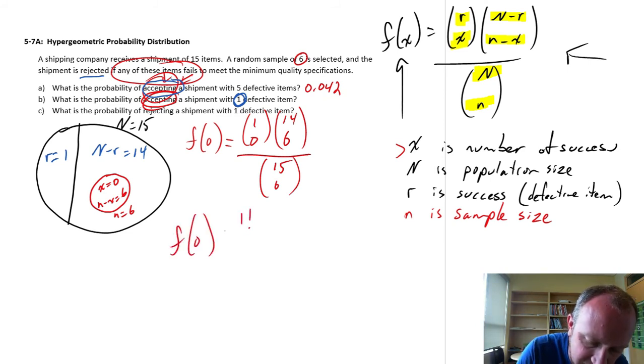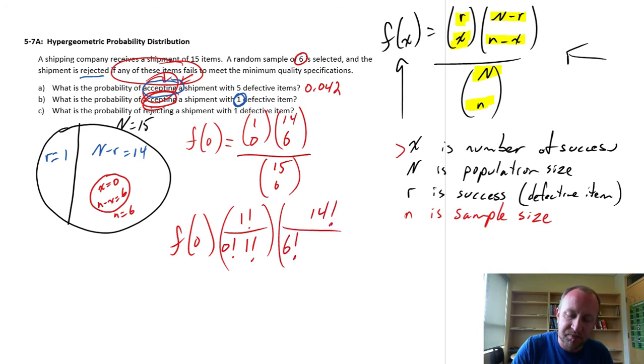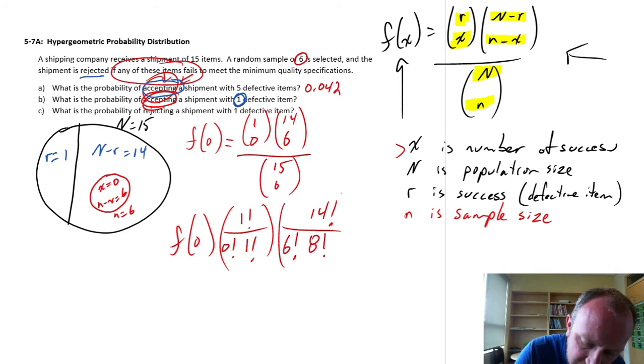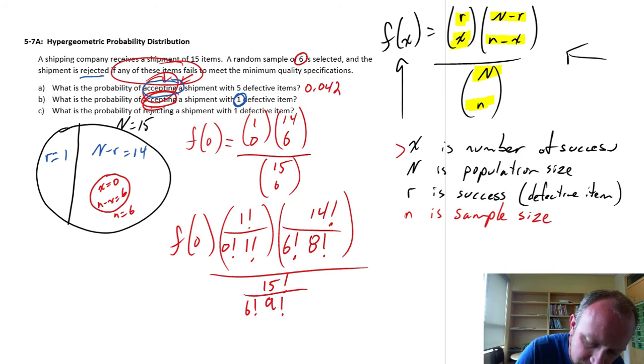So 1 factorial over 0 and 1, so that value doesn't change. This is 14 factorial over 6 factorial times 8 factorial, divided by 15 factorial over 6 factorial times 9 factorial.